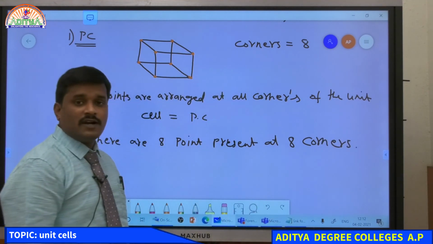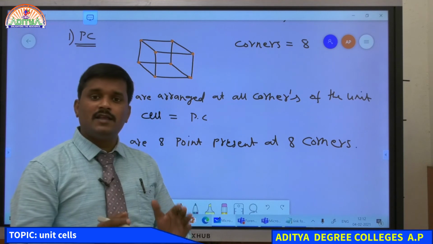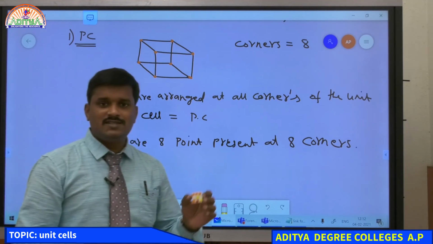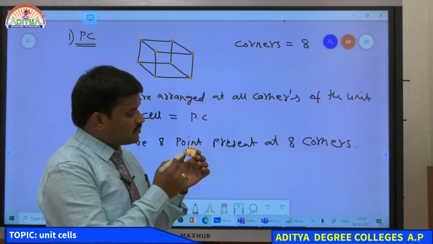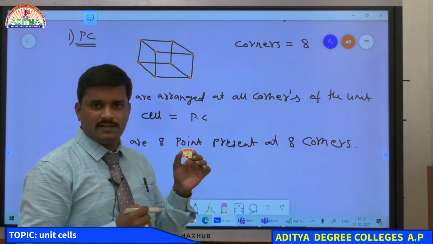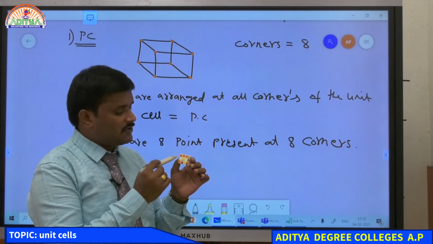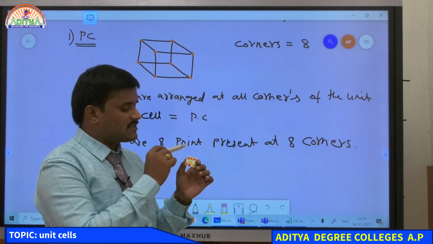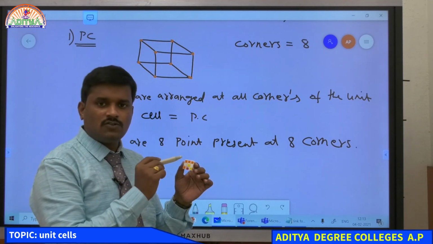But what is the contribution of a point for a single unit cell? So look at this crystal. There are a number of repeating units present in this crystal, and each repeating unit is nothing but one unit cell. It has 6 faces, 8 corners and 12 edges.